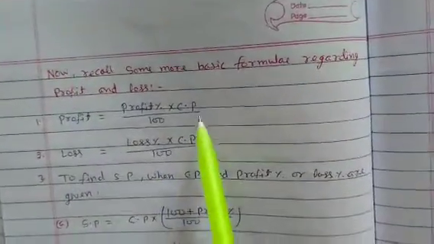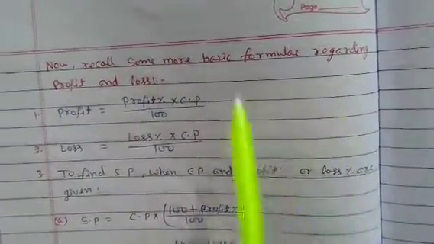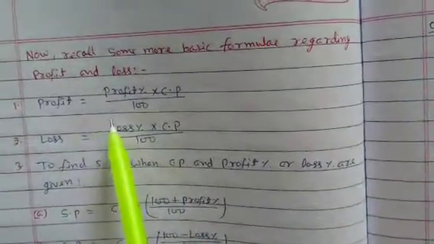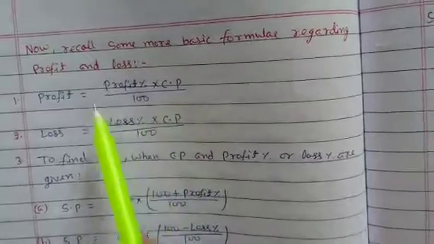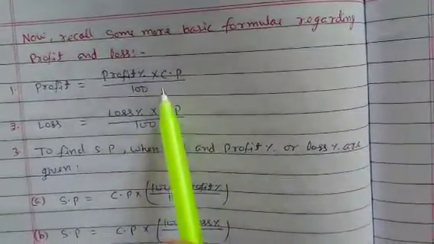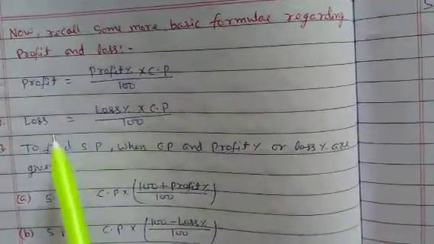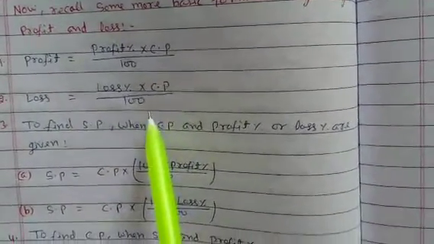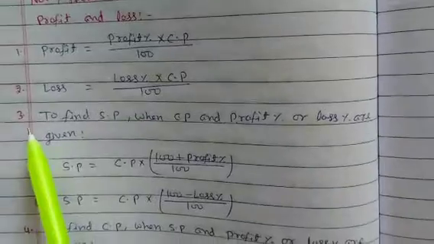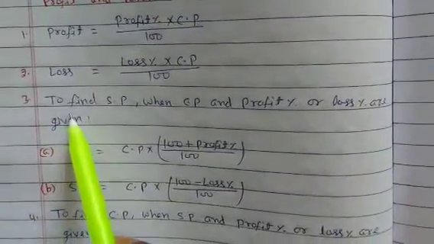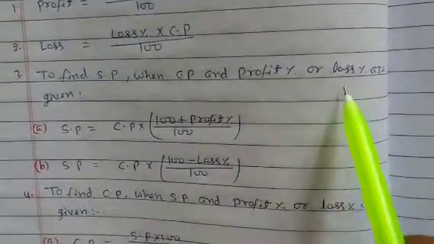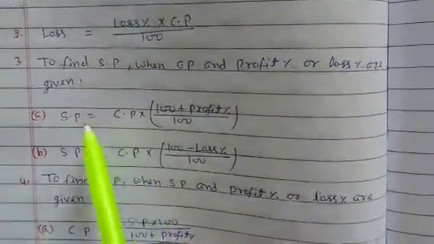Now recall some more basic formulae regarding profit and loss. First, profit is equal to profit percent into CP by 100. Second, loss is equal to loss percent into CP by 100. Formula three, to find SP when CP and profit percent or loss percent are given.